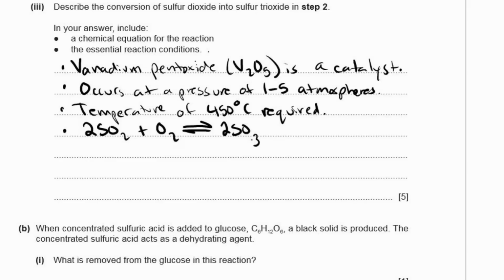So it all balances well. So remember, this symbol is important. It means it's an equilibrium reaction, so it's reversible. Okay. And you might look at it and say there's only 4 points here, but one of the marks was for saying it's a reversible reaction. You could either write down it's a reversible reaction, an equilibrium reaction, or you could just write in this symbol here. Okay? Both are okay. So that makes it 5 marks.